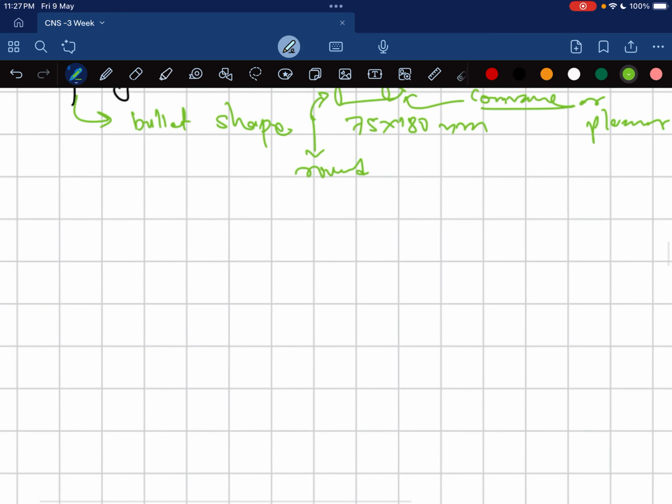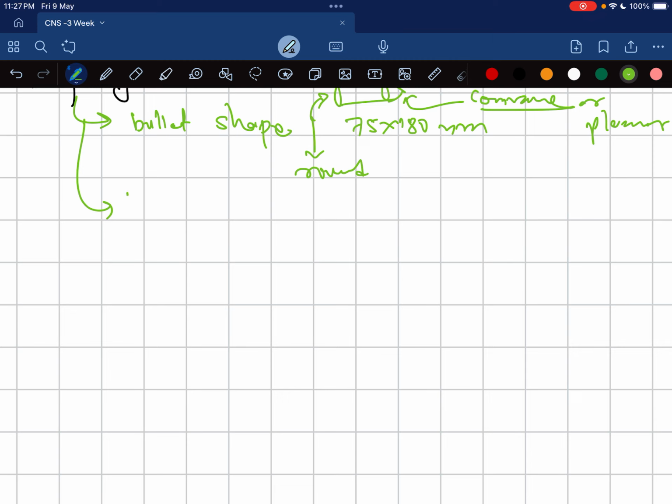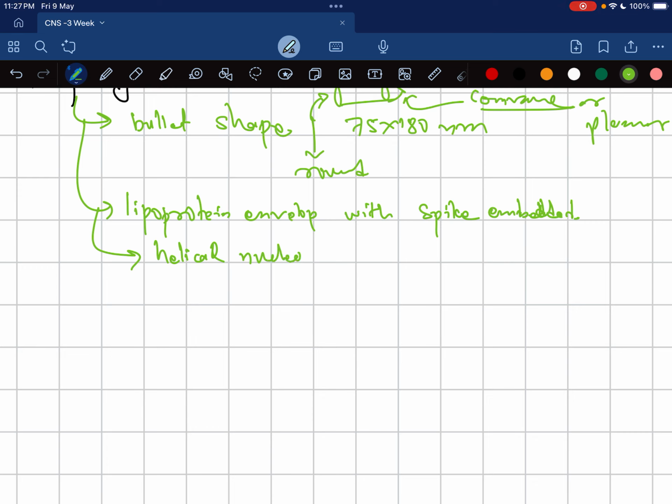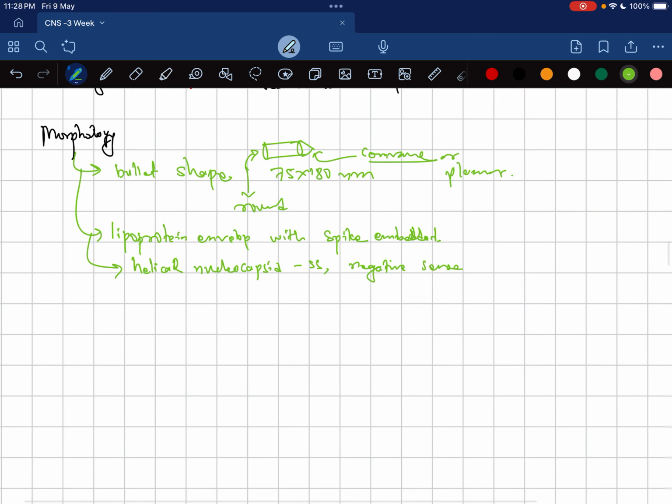It has a lipoprotein envelope with embedded spikes, and there is also a helical nucleocapsid, single stranded, negative sense RNA.